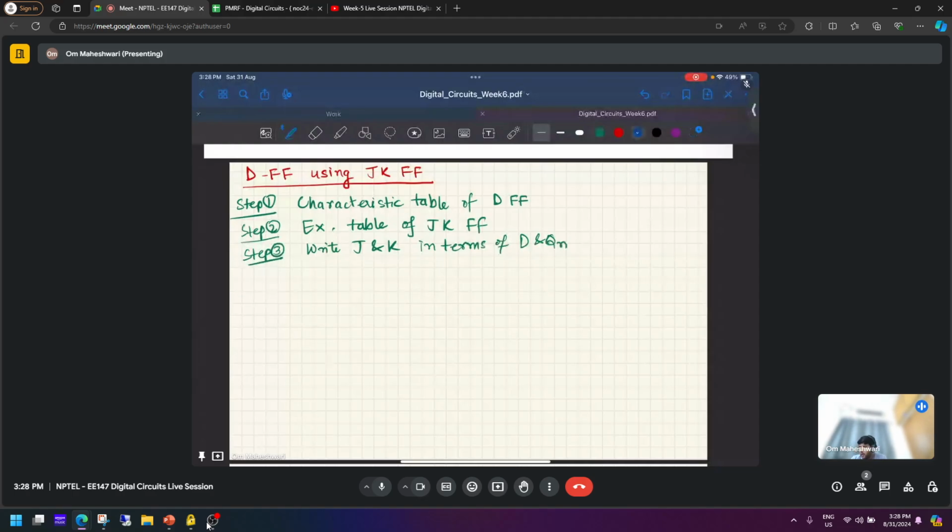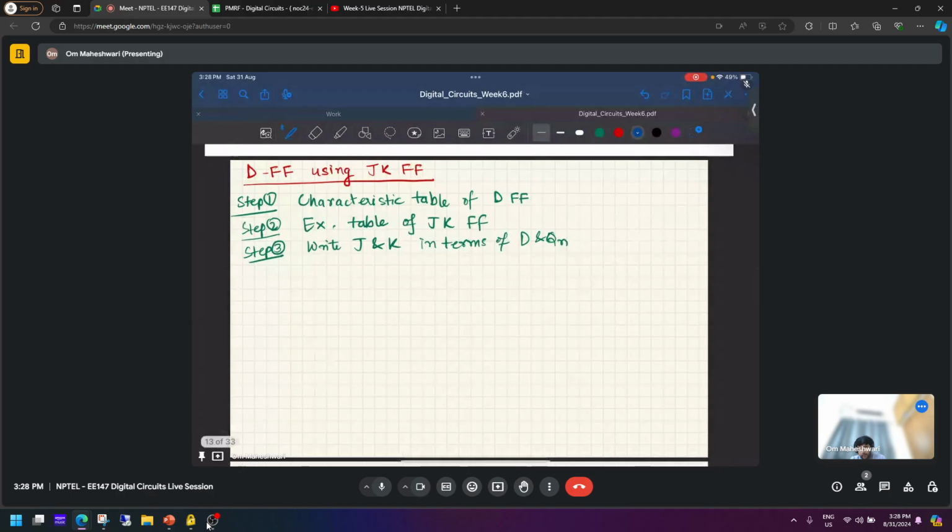We first write the characteristic table of D flip-flop. If you remember, the characteristics table is where input and previous output give you next output.